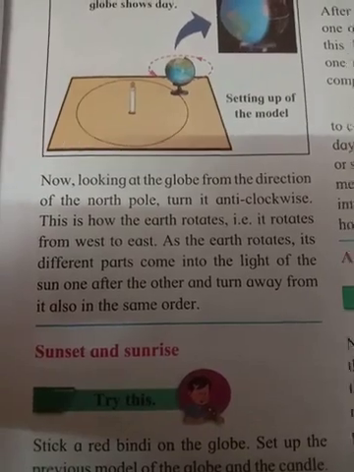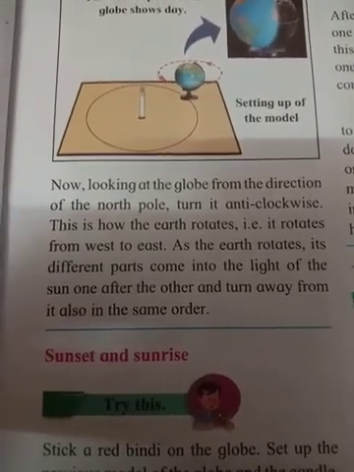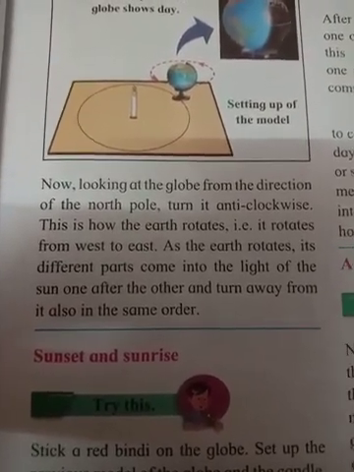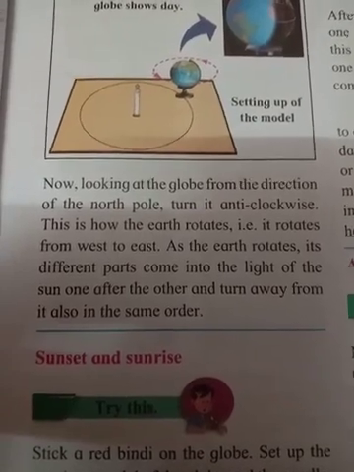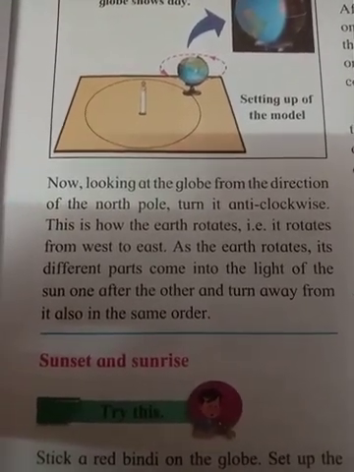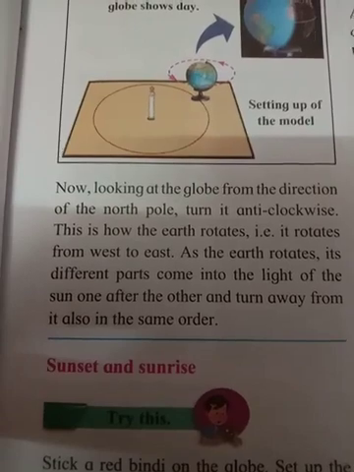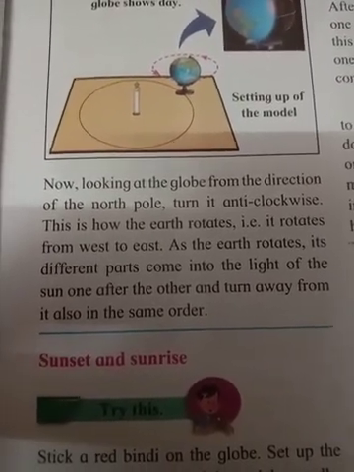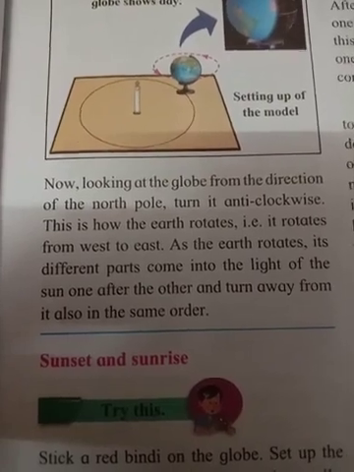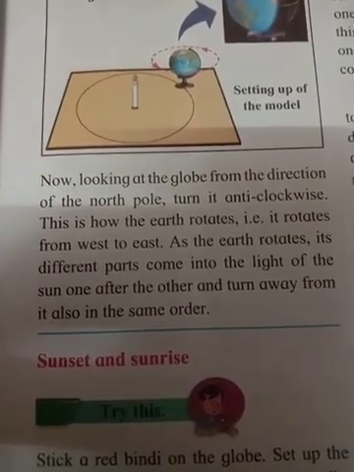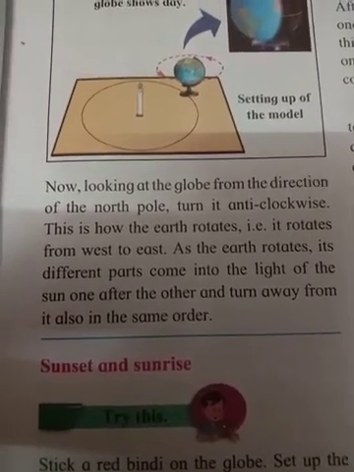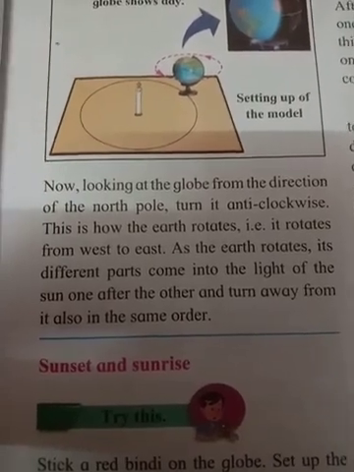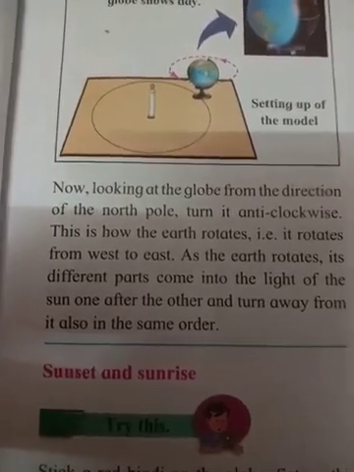You know, children, the sun rises in the east and sets in the west. As the earth rotates, its different parts come into the light of the sun, one after other, and turn away from it also in the same order.